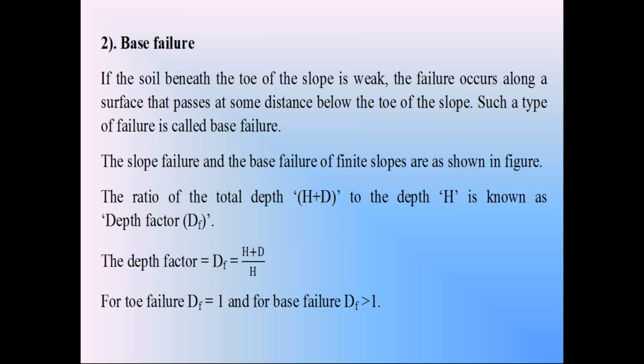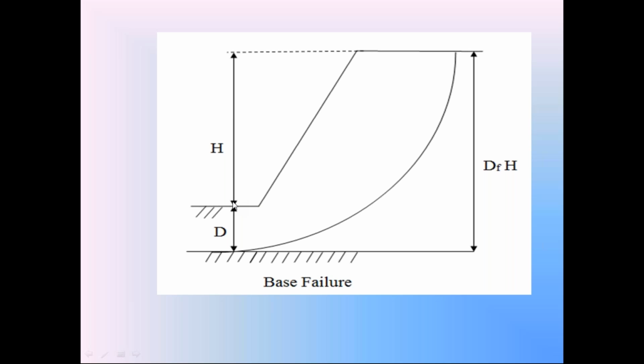The depth factor in the rotational failure at base failure is defined as h plus d divided by h. In this equation, h is the height of this soil slope. This d is the depth of the hard stratum from the bottom of the structure.